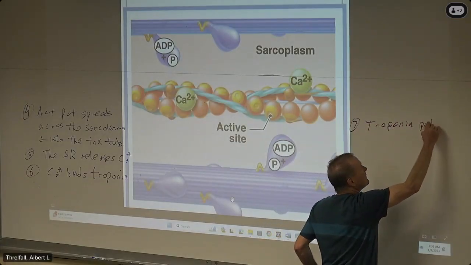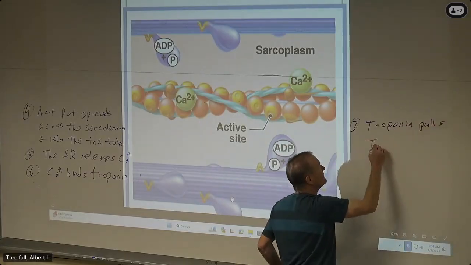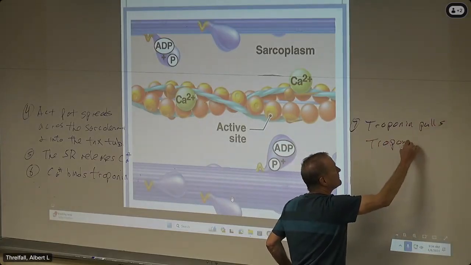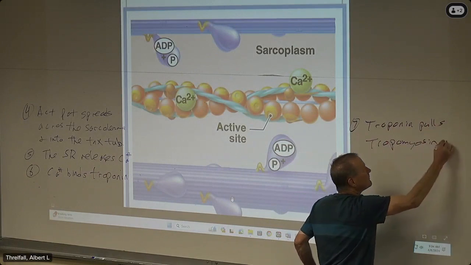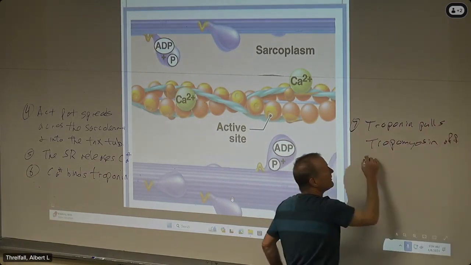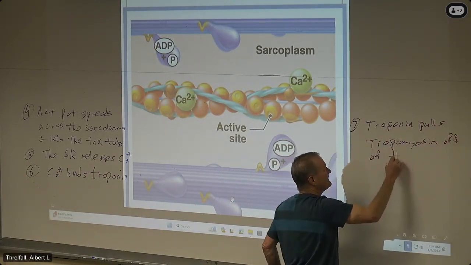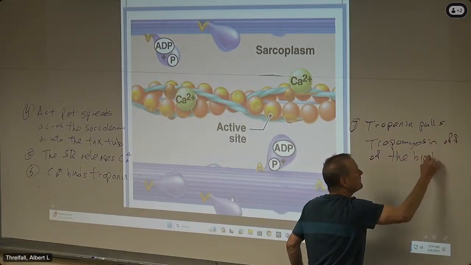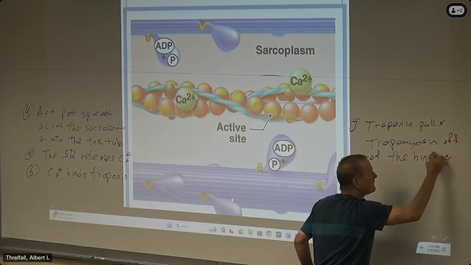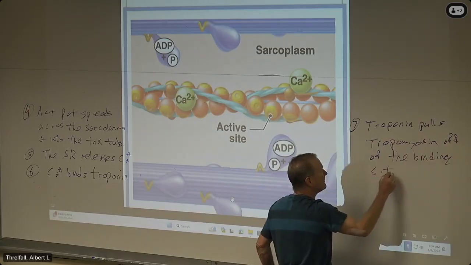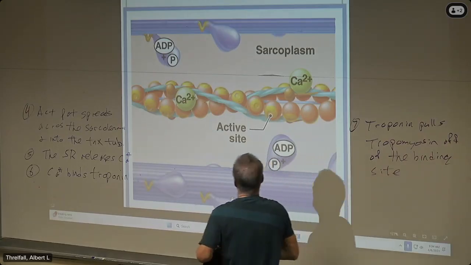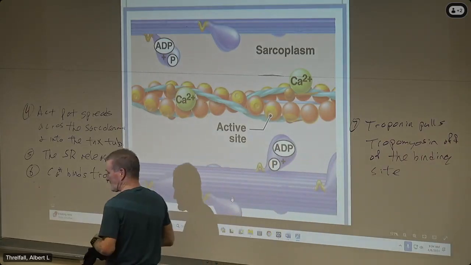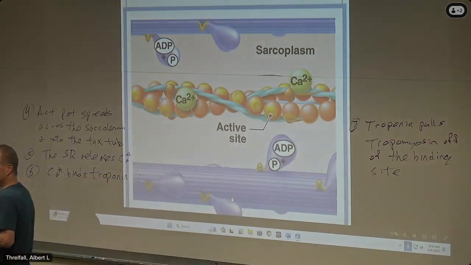Troponin pulls tropomyosin off of the binding site. And that's where we are specifically in this picture. Calcium is attached to troponin.